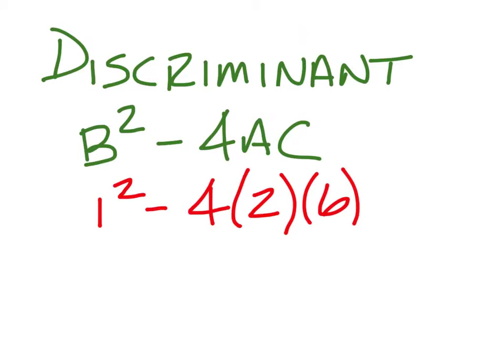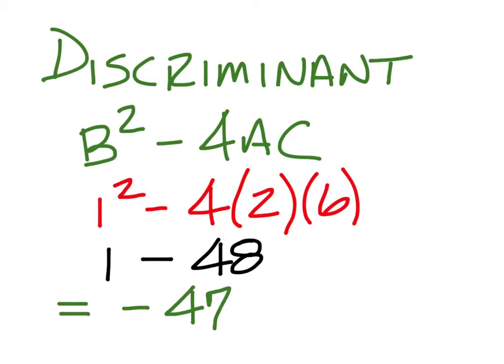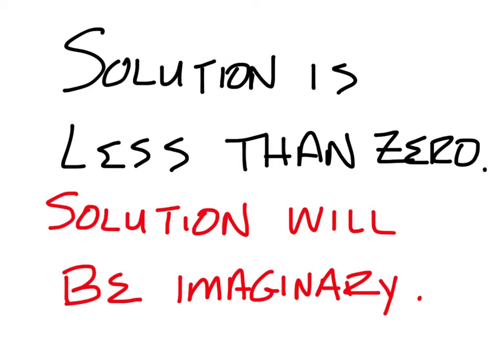That's right, -47. 1 minus 48 is -47. So since it's a negative number, we know we're going to end up with a complex answer. It's going to have an i in it when we go back to use the formula. So the solution is less than 0 and it'll be imaginary.